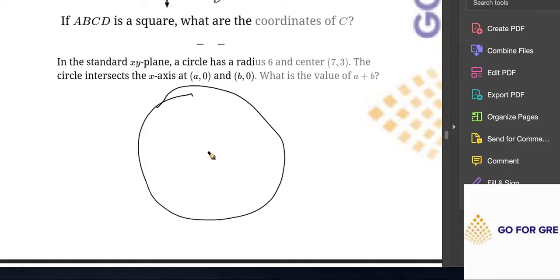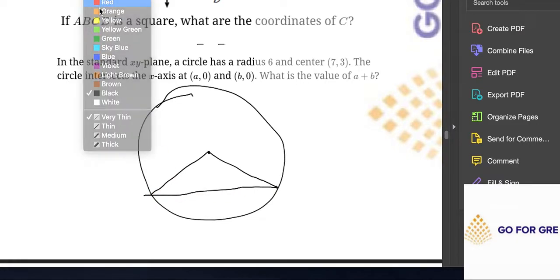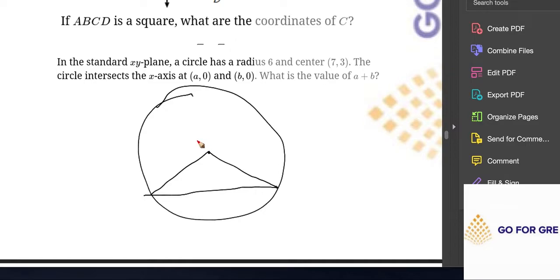So maybe you can't get it. From here, this is (7, 3). This is the radius. If I draw this point, I know this is 3, and this point is (7, 0).